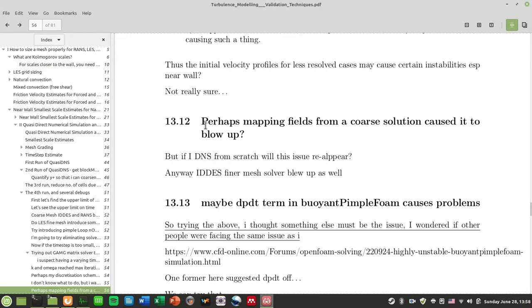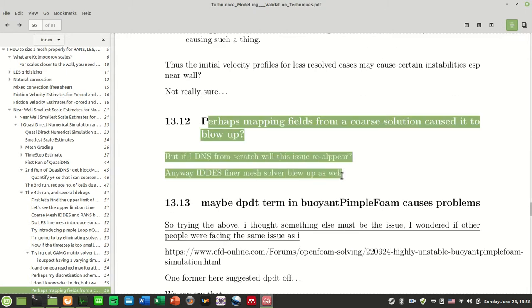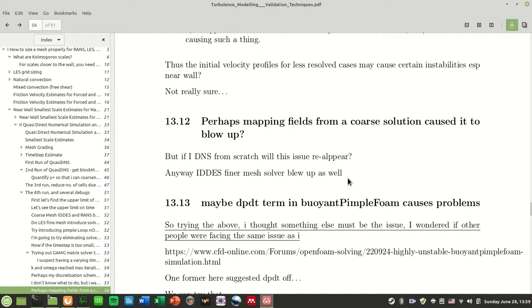So perhaps mapping fields from a coarse solution causes it to blow up. Meaning, for example, I take the IDDES case 1, which had a coarse mesh, or I take a RANS simulation, Reynolds-averaged Navier-Stokes, and I try to map that to a fine mesh. That means I take the initial guess to be that coarse mesh solution.